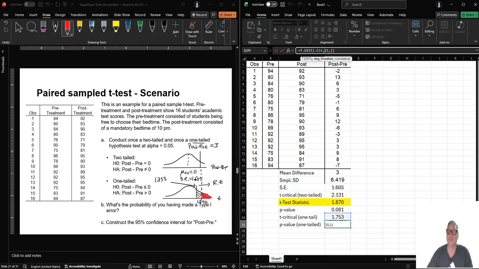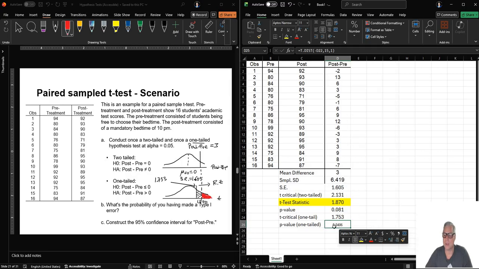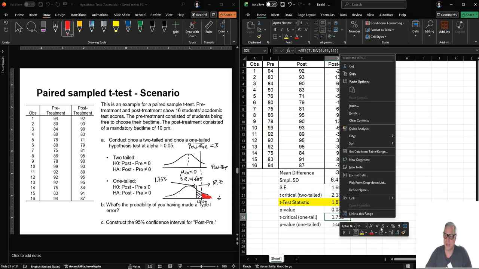So I need to replace the cell with the test statistic and not the critical t. Okay, so now we get 4%, and that makes sense. So that means there is still a roughly 4% chance that we rejected the null hypothesis, even though it might be true.